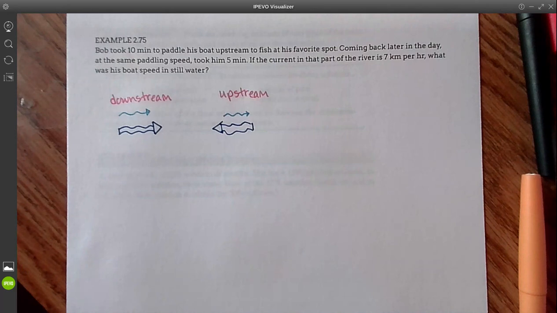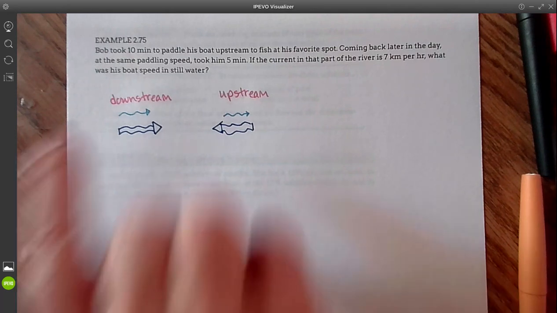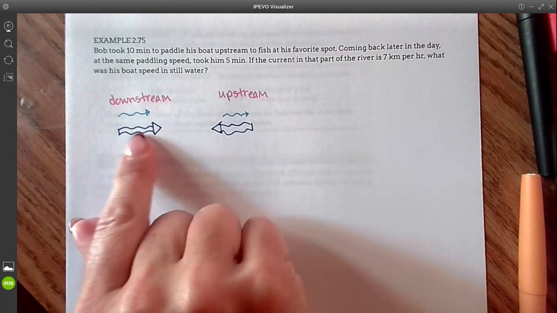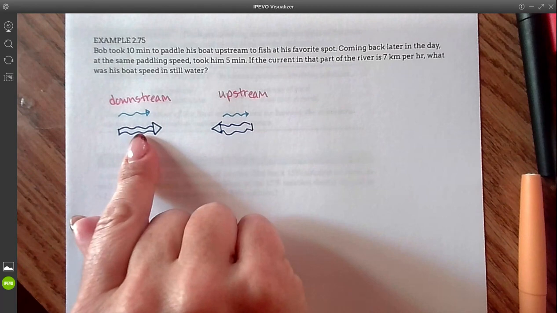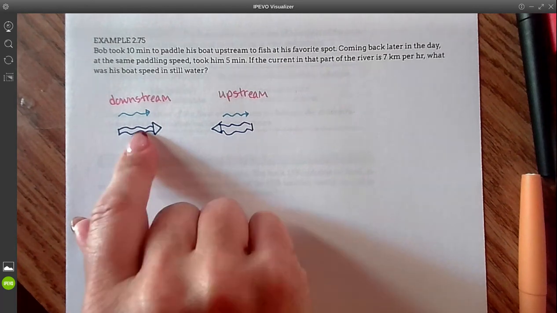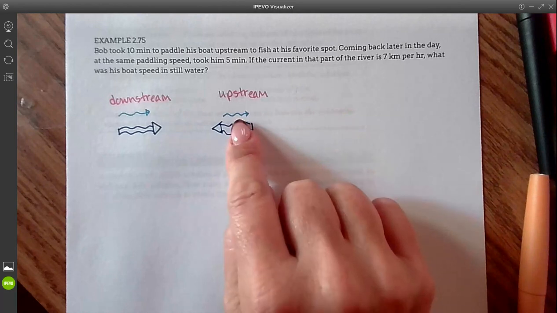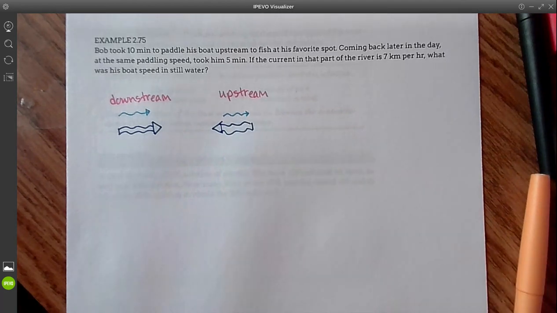What's going on when we're going downstream versus upstream is that when we're going downstream, the rate of the current and the rate of the boat are being added together to get the overall rate. When we're going upstream, the rate of the boat subtracted by the rate of the current gives us our overall rate.